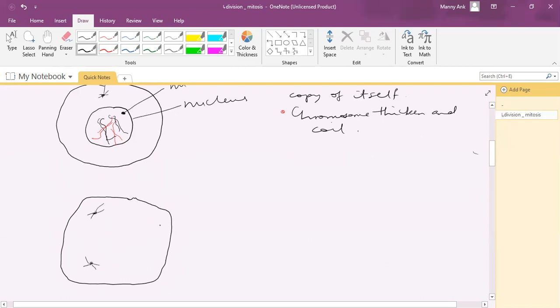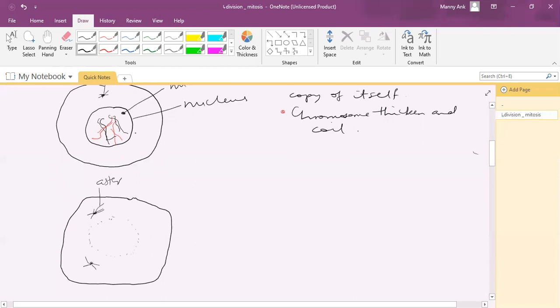To form what we call the asters. So the asters are like the spindles that will be formed. And then they move apart. Now the nuclear membrane here breaks down, it disintegrates, right? So you're going to have disintegration of the nuclear membrane.